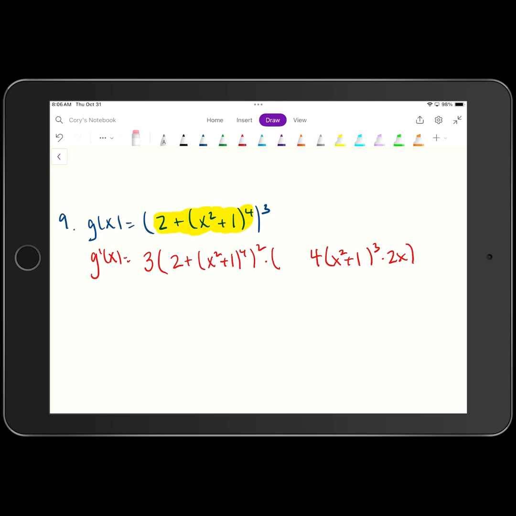So I can take this factor of 4, that factor of 2x, pull both of those out front, and multiply that by 3. So that's going to give me 8x times 3, which is 24x. And then we're going to multiply that by 2 plus the quantity x squared plus 1 to the 4th power squared. And then our leftover factor is x squared plus 1 cubed.